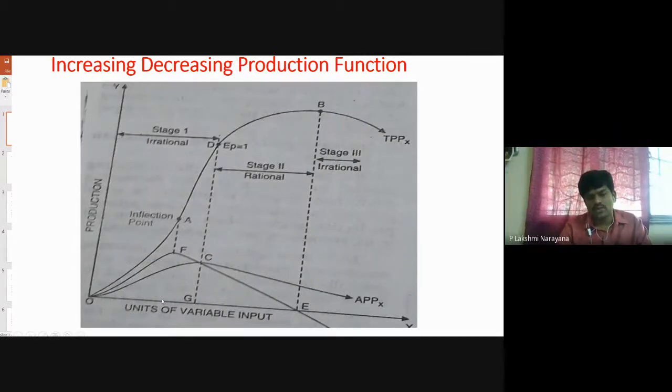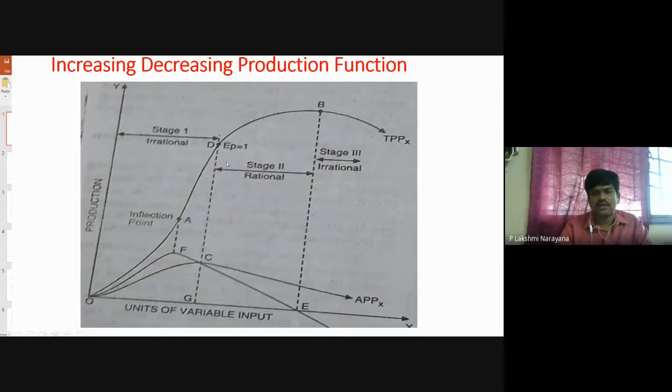Because if you want to use more inputs up to point E, the total production at point B is the saturation point. After this point, if you increase inputs more, negative results will come. So the farmer has to stop at this point.